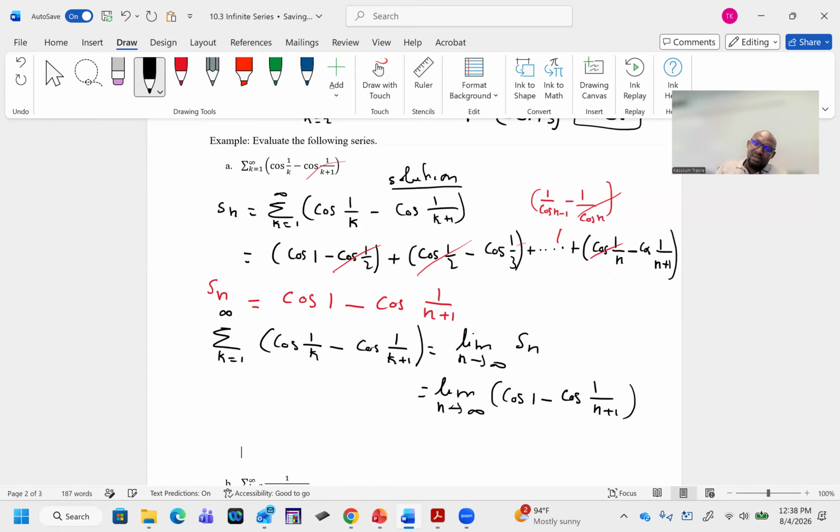This limit is easy to find. If I substitute infinity, 1 divided by infinity is what? 0. Cosine of 0 is 1. So my answer will be cosine of 1 minus 1, which is approximately negative 0.46. Okay?